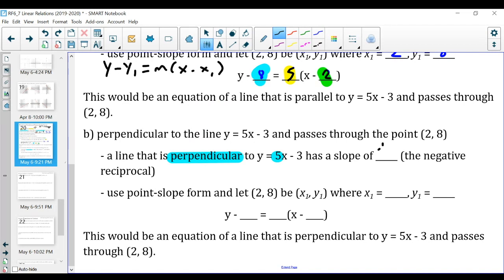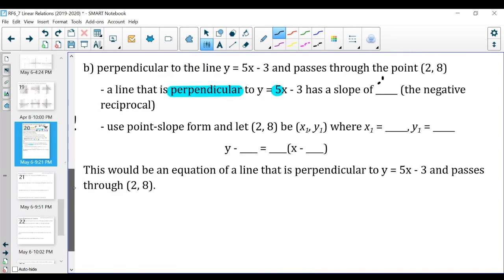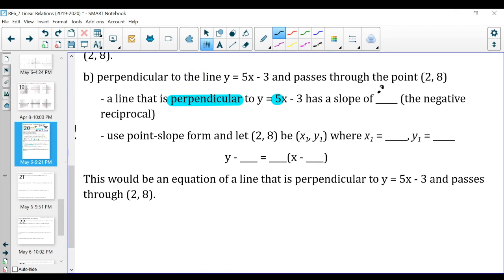Negative 1 over 5. Now we want to use point slope form again and use that point 2, 8 to help us figure out where to fill in those numbers.